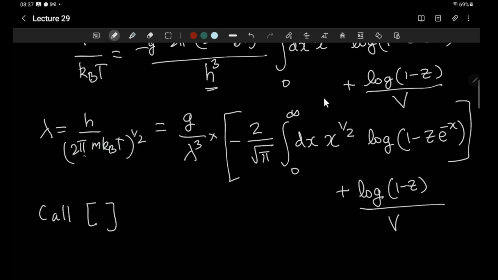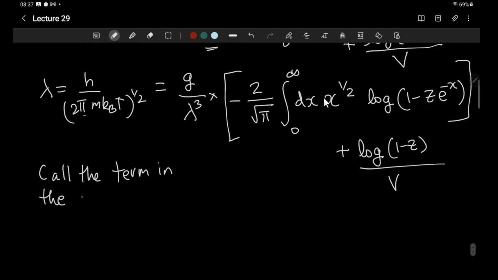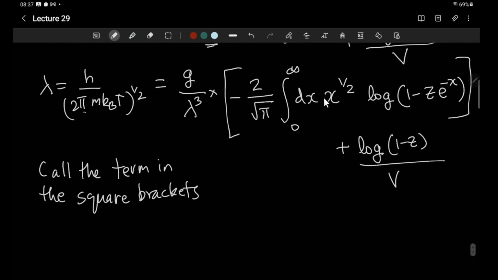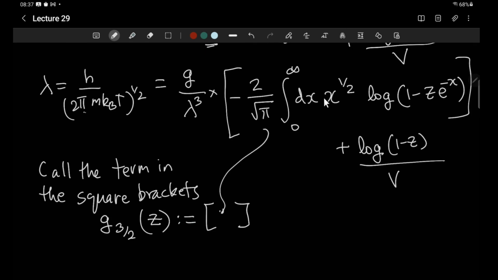Call the term in square brackets g 3 by 2 of z, with the minus sign, etc.